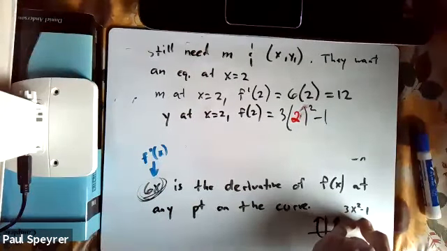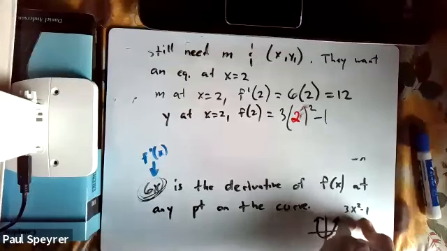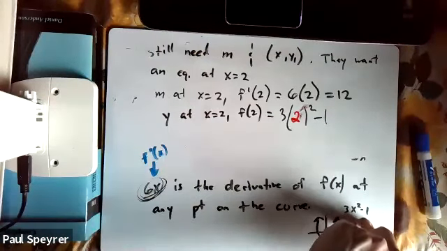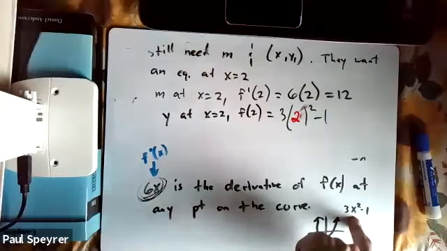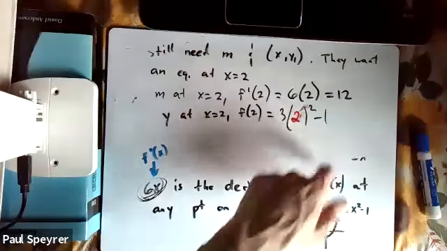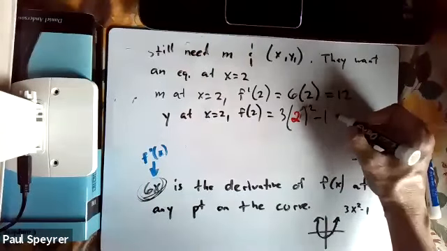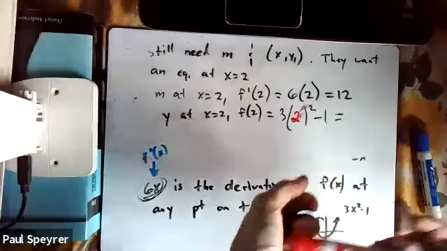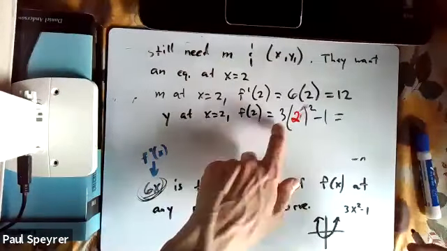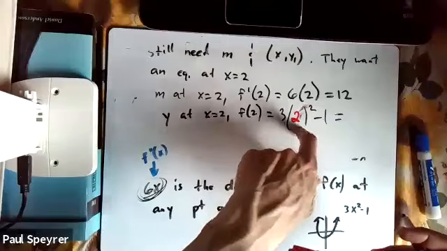So a lot of the times they're just going to give you the x value, but to find the y value, it's not some crazy thing. You just plug in your respective x value into the equation that they gave you, and out will pop the y value. So again, watch the arithmetic. Don't rush, right? Please excuse my dear Aunt Sally. It's not 3 times 2 and then you square it, right?